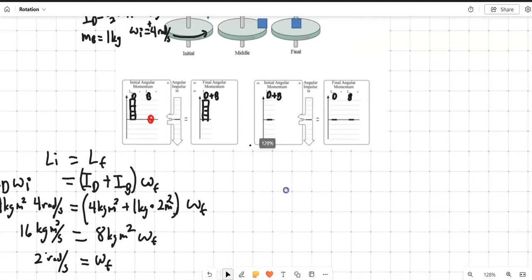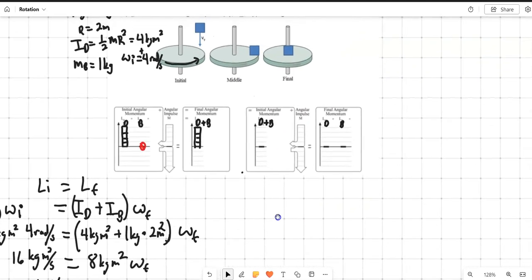So now, given that it's now spinning with this moment of inertia, they're saying this block slides, or grows legs in some way, and slides to the center in this final case, such that it's now sitting at the exact center.